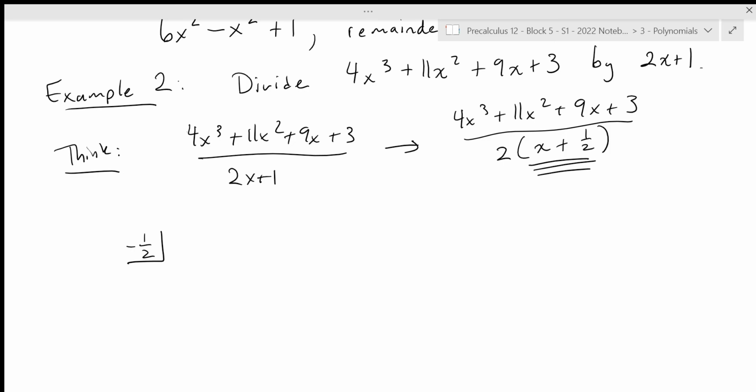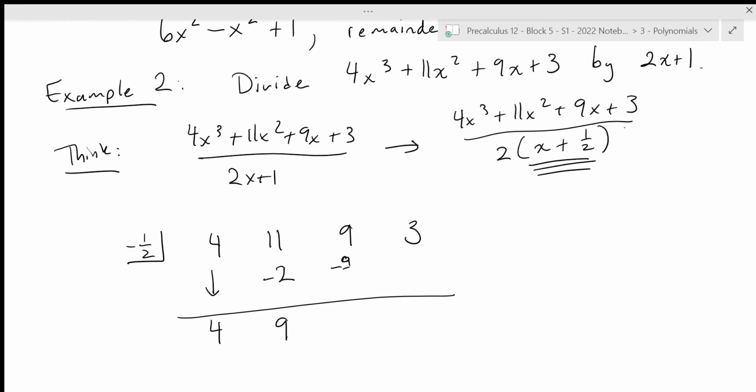So we're going to write out the coefficients. We have 4, 11, 9, and 3. Our 4 is going to come down. 4 times -1/2 is -2. 11 plus -2 is 9. 9 times -1/2 is -9/2.